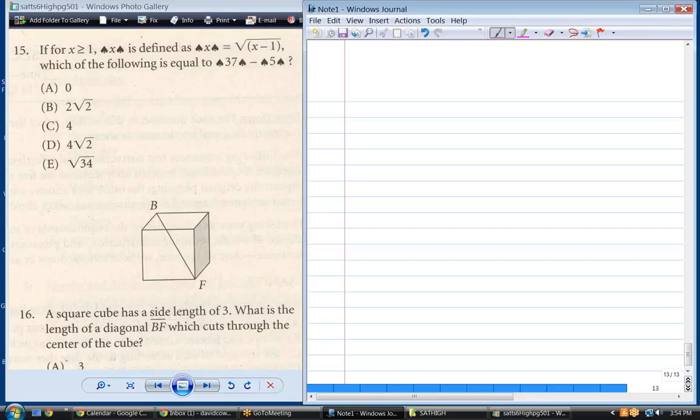In other words, spade x spade is defined as the square root of x minus 1. In other words, spade 1 spade equals that.